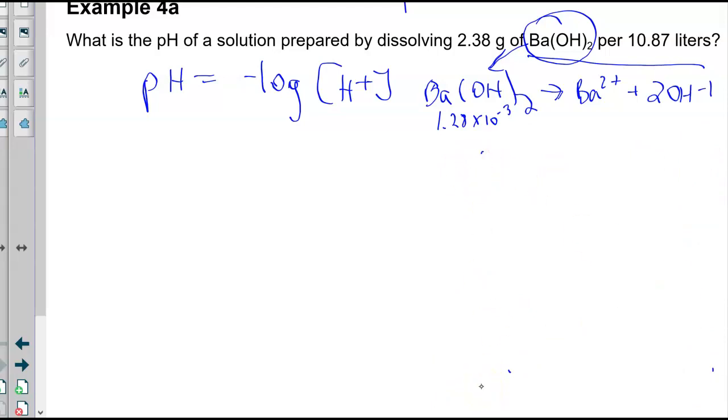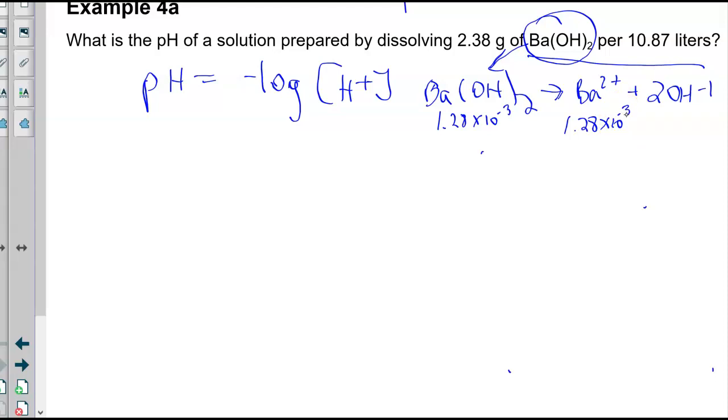Now, in this dissociated or ionized reaction, this is a 1 to 1 to 2 ratio. So therefore, this would also be, well, let me get my pen instead of my eraser here, 1.28 times 10 to the negative third, because it's 1 to 1, but this is twice as much.